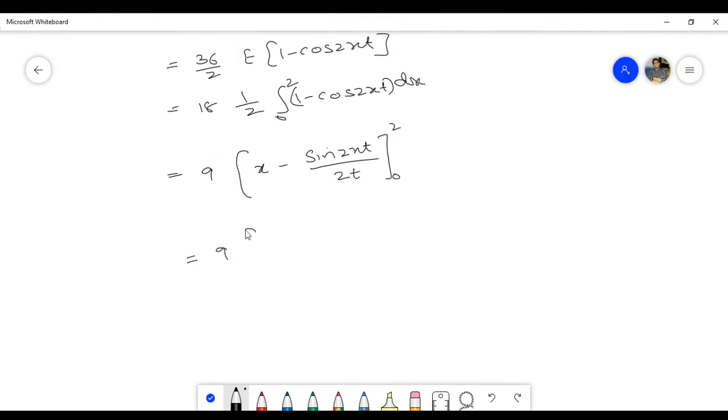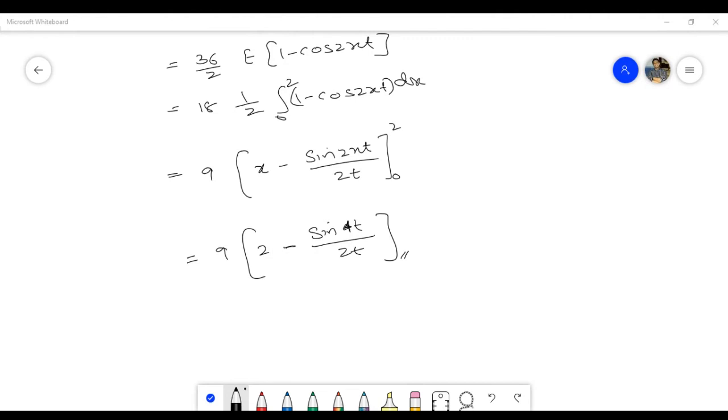So it will be 9 times 2 minus 0, which is 2, plus sin 4t by 2t. So this is your integration, and this is your variance. This is how we find the variance for a trigonometric function. The same way we can find the variance for an exponential function also.